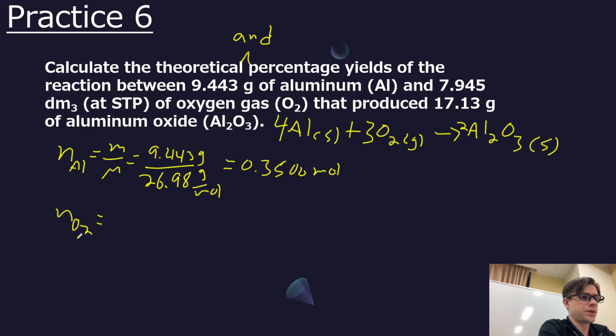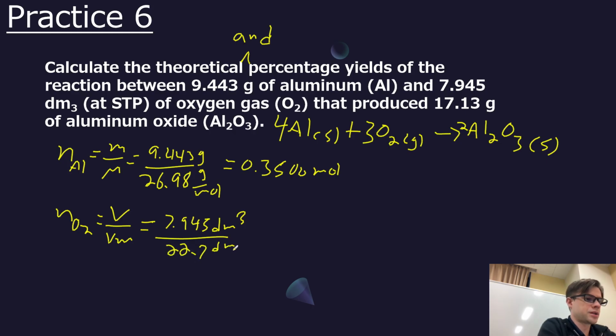We instead have a volume at STP, so we'll use volume over molar volume. That will be 7.945 decimeters cubed divided by 22.7 decimeters cubed per mole from the data book. And that comes out also to 0.35. I'll just say that this, from the data book, had 4 sig figs so that we can keep 4 in all the numbers.